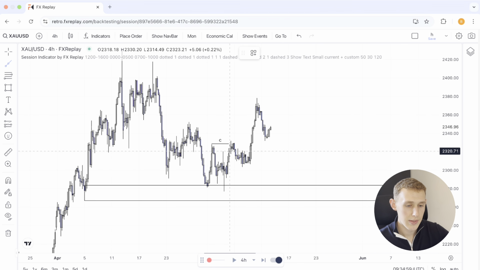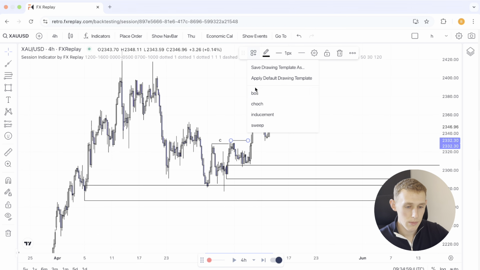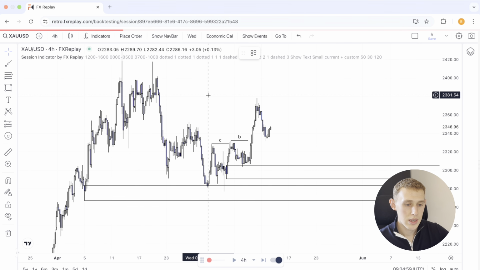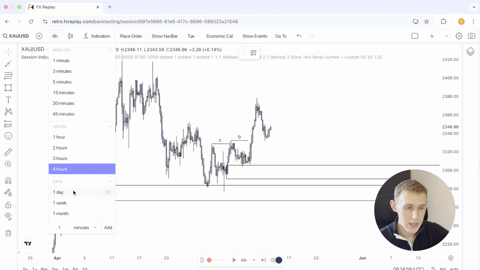So you can see there we had that change of character. Price comes down, holds this area of 4 hour demand, and then once again we see the push up, break of structure. And if you also look to the left, notice where price is reacting. There's very little for it to react from here, and it's very unlikely to reverse because of that.